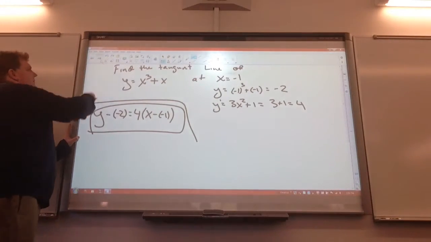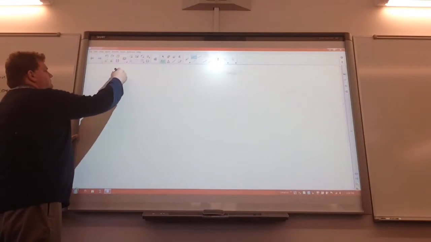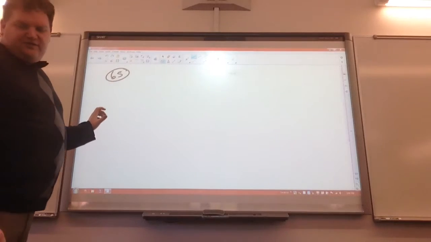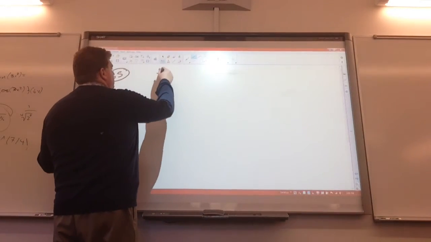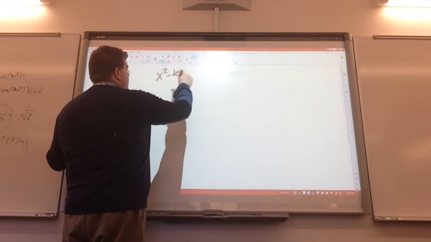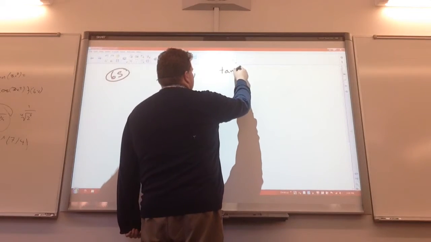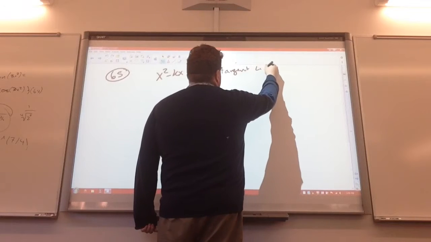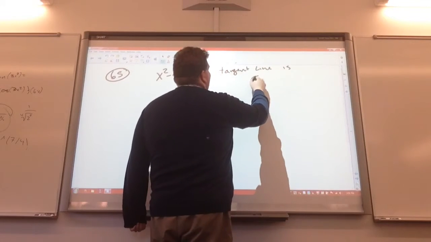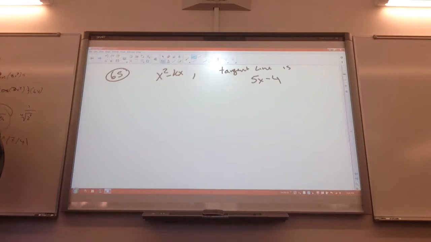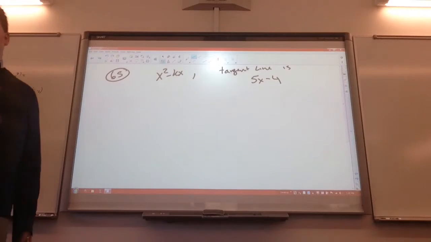On this problem, we've got x squared minus kx, and we're told the tangent line for it is 5x minus 4. What we want to do is figure out what k is.